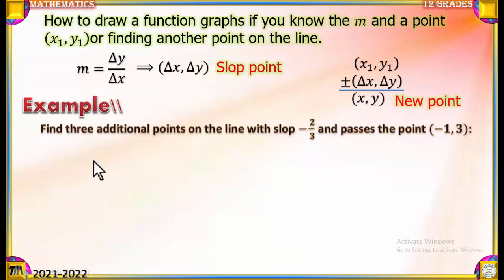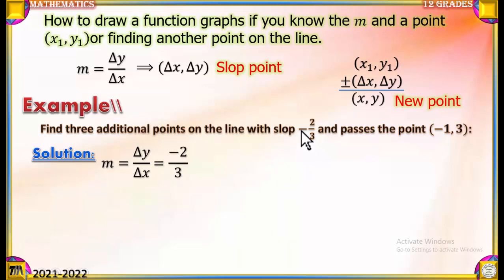For example, find 3 additional points on the line with the slope minus 2 over 3 that passes through the point (-1, 3). First of all, m is equal to delta y over delta x, which is equal to minus 2 over 3.